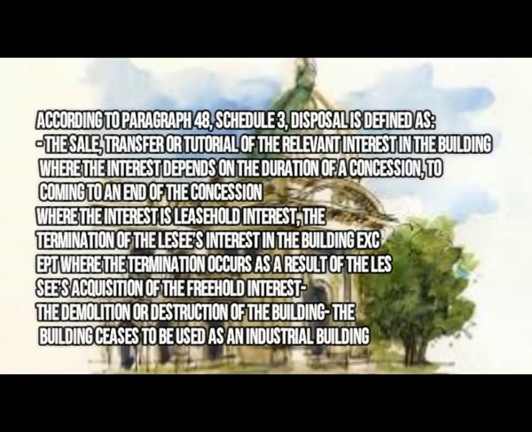Where the interest is leasehold interest, the termination of this lease interest in the building, except where the termination occurs as a result of the lessee's acquisition of the freehold interest, the demolition or destruction of the building, or the building ceases to be used.